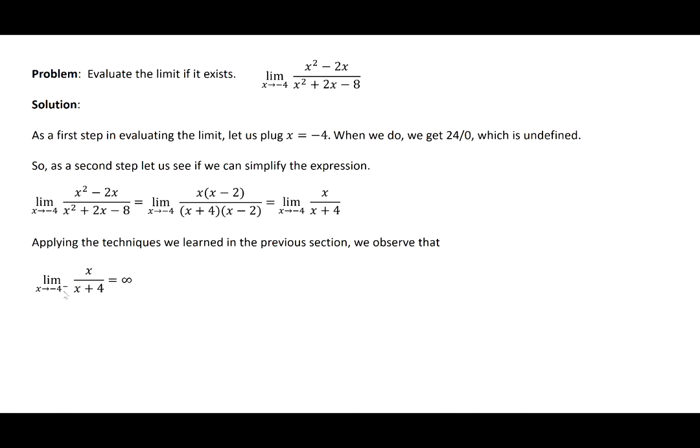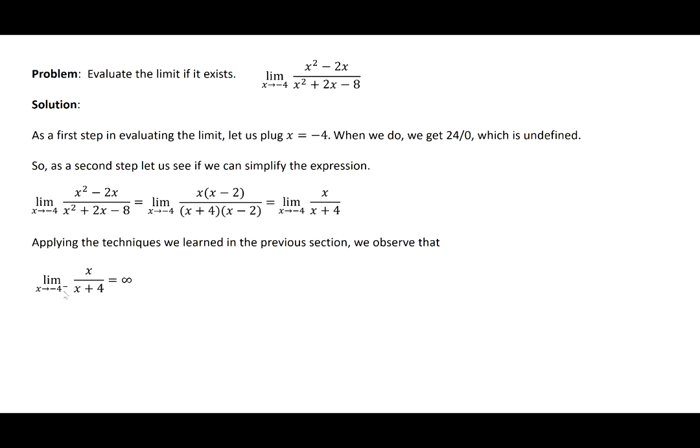Okay, negative 4.01. The x on the top would be negative 4.01, and negative 4.01 plus 4 is negative 0.01. So you get negative 4 over negative 4.01 divided by negative 0.01 is positive 401.